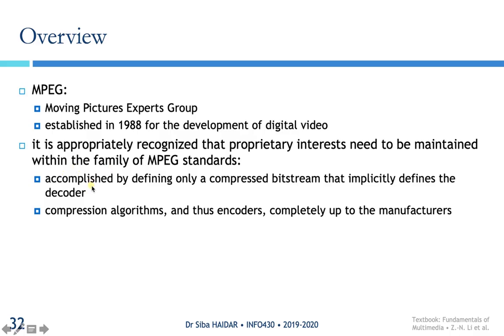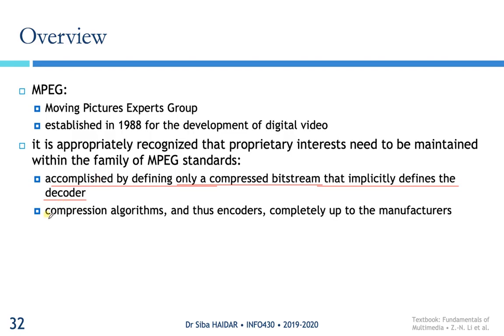This standard was accomplished by defining only a compressed bit stream. So the standard defines the compressed bit stream, which implicitly defines the decoder, because you have to know how to decompress it. If you have a certain format for the compressed bit stream, you are obliged to do the decoding in a certain way.